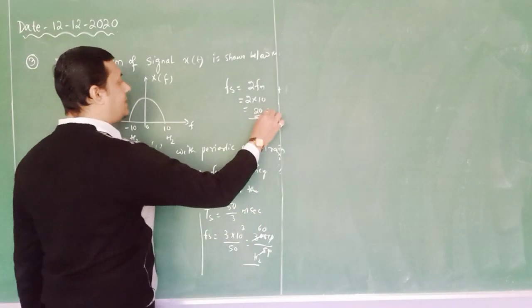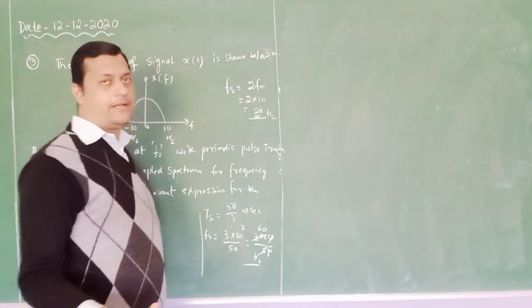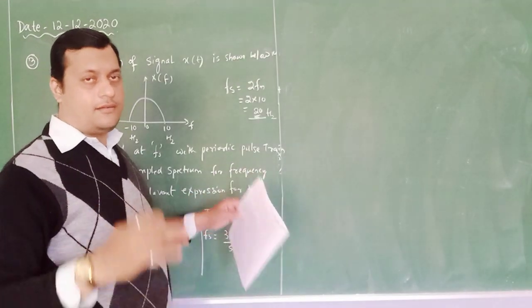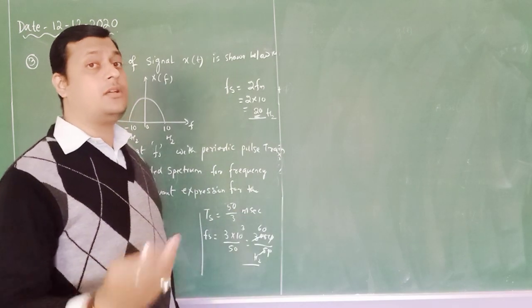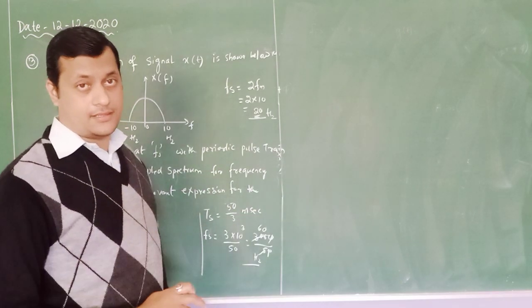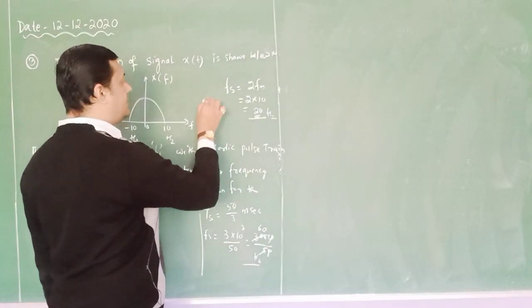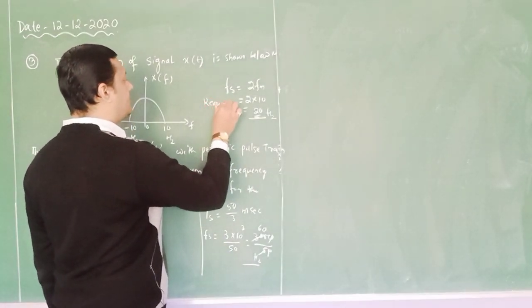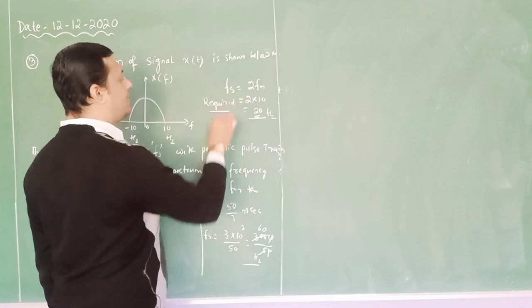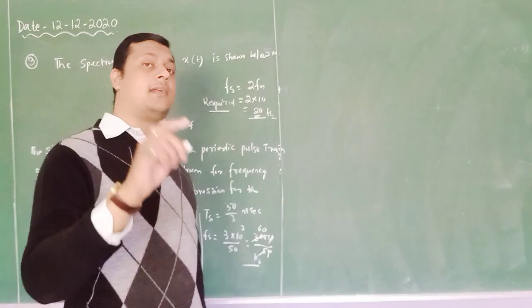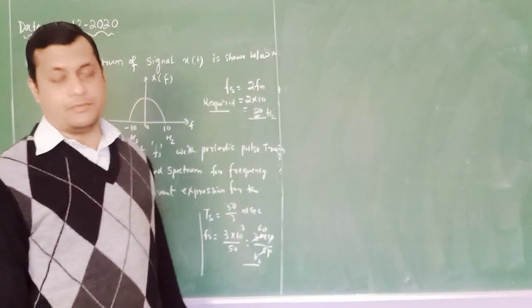If it is greater than the required sampling, no need to worry. All spectra will come in an adjacent manner without overlapping of each other. If your Fs is less than the minimum required, then there is a chance of overlapping of the spectrum.